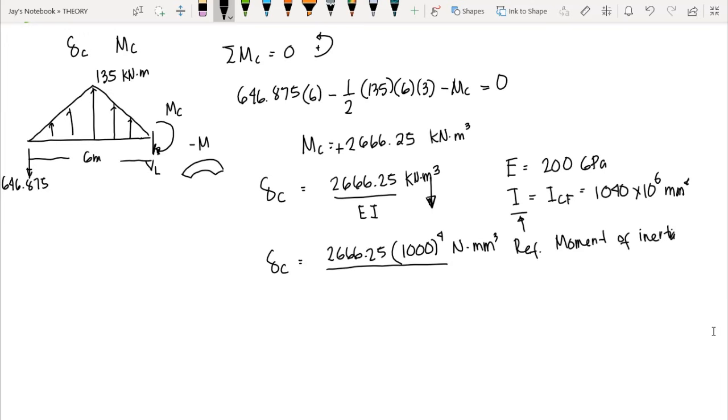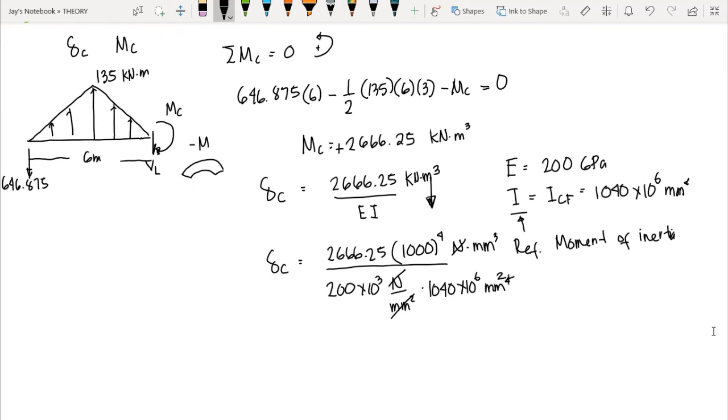Over E, we have 200 times 10 raised to the 3. This is in Newton per millimeter squared, times I here, which is 1040 times 10 raised to the 6 millimeter to the fourth. We can cancel out Newton, and the remaining here would be millimeter squared.